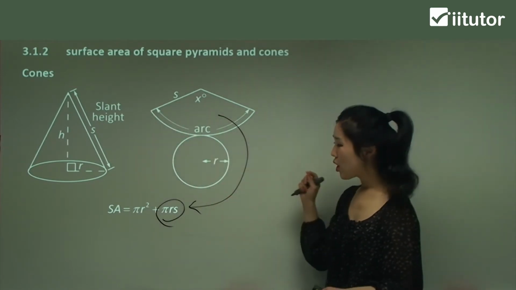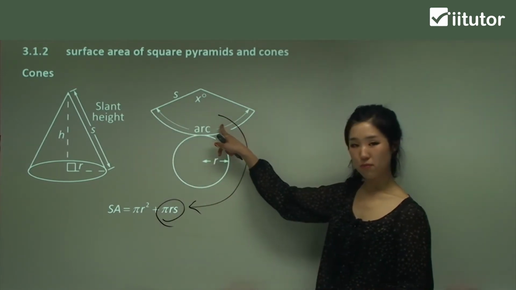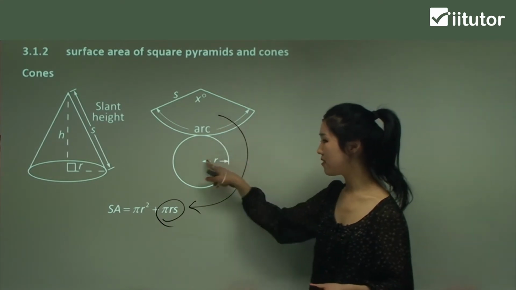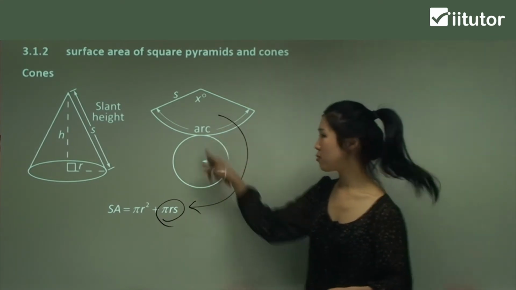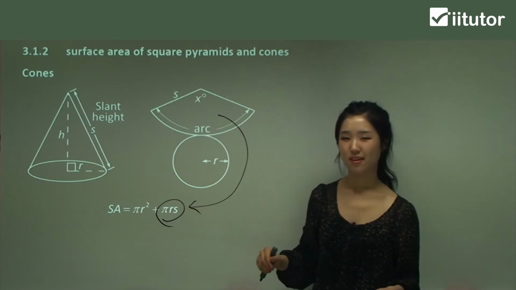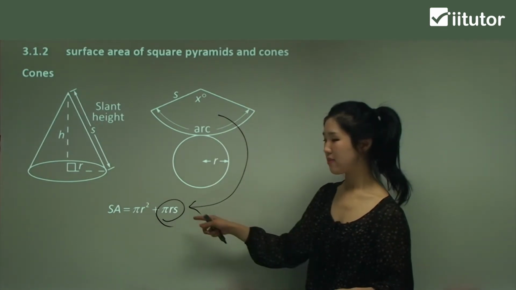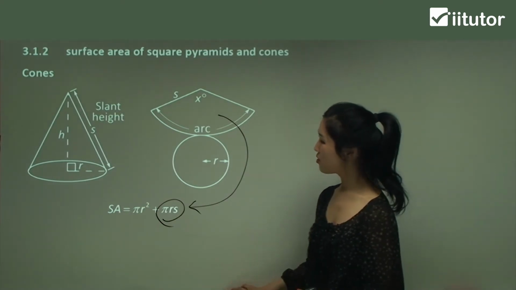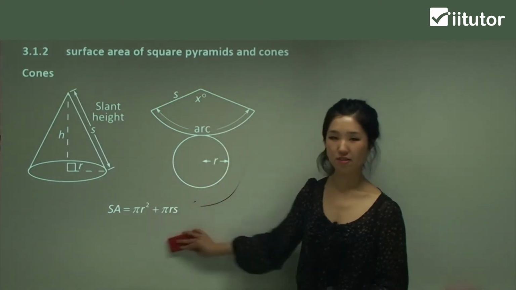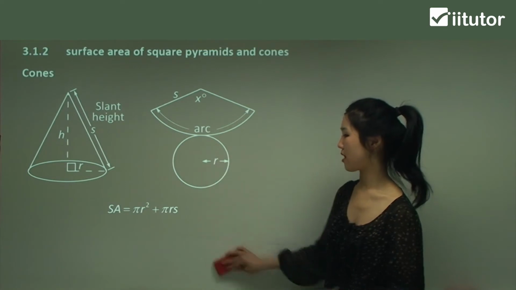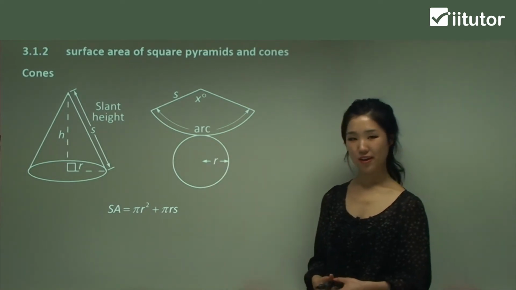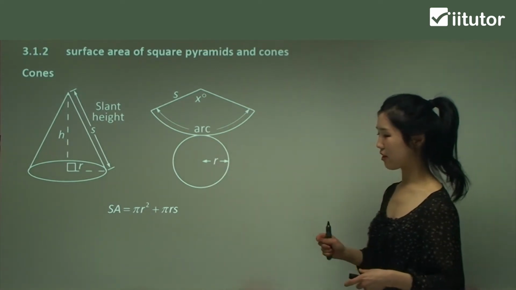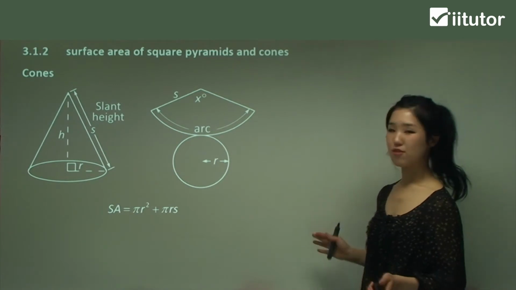So when you want to find the area of this part, you need to know the radius of the base circle as well as its slant height. So 2 parts you need to know. And this is something new, guys, so you've got to memorize it. This is something that I want you to memorize, the surface area of a cone. So have a look at that closely, write that down somewhere, and let's try some questions.